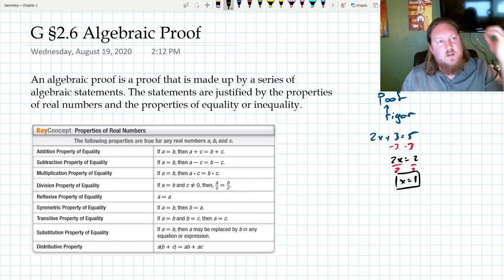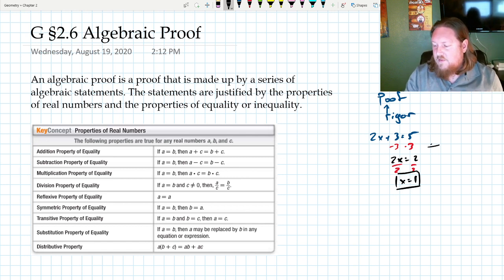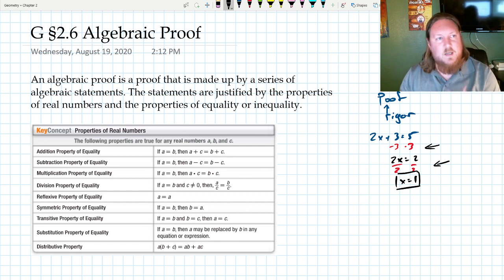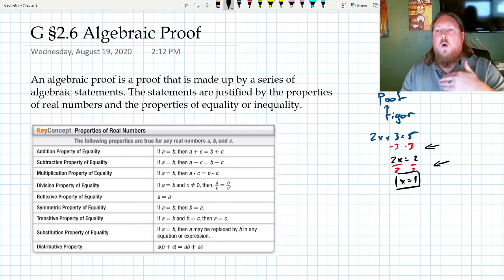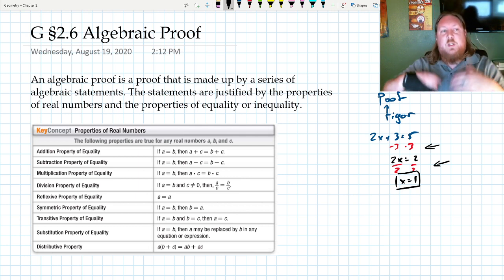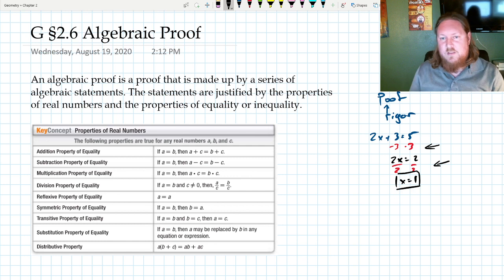Well, all the things you did, like subtract 3 from both sides or divide both sides by 2, is a step of deductive logic. In the very beginning of solving equations, you had to justify your reason for doing each one of these steps. But after a while, we just kind of dropped the whole justification thing and said, if you know how to do it, then you do it, and then you get to the answer.